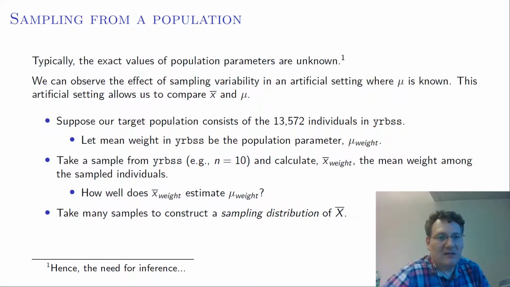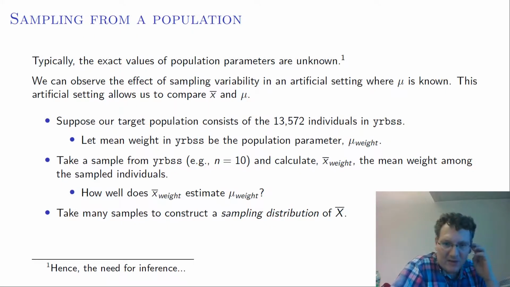To demonstrate this, we'll be doing this in lab. Because the population parameters are unknown, we can simulate sampling from a population by taking these 13,000 individuals and considering them our population. And let's look at some very small samples from this population. We're going to be able to simulate taking small samples of size like 10, for example.